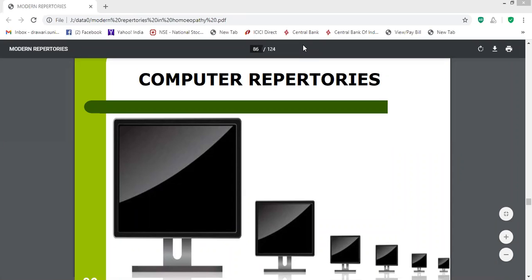The arrangement of repertories is also different, and it was difficult to remember every symptom of every patient. So at that time also, these repertories are helpful.